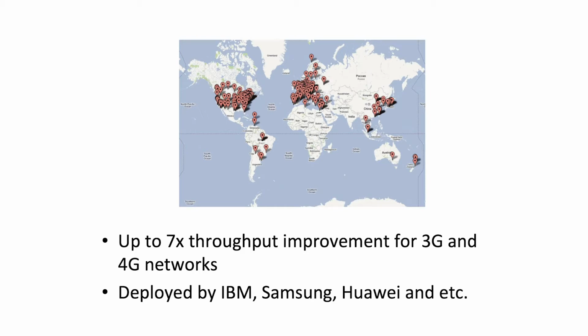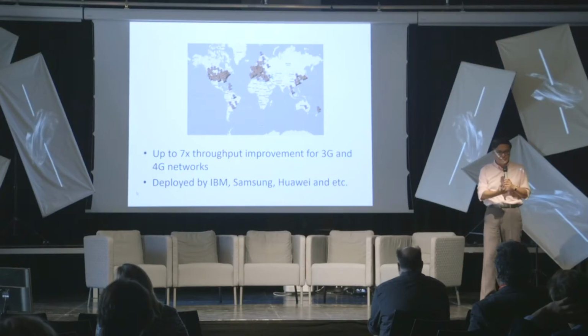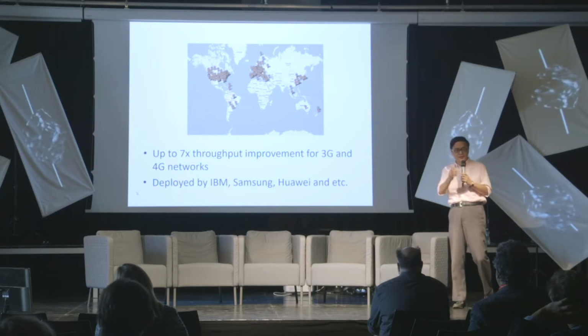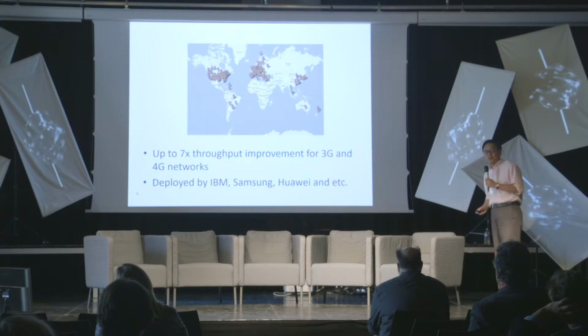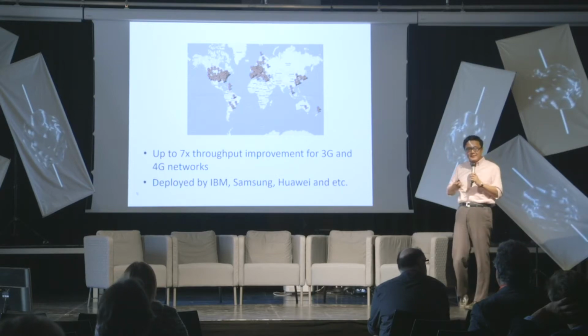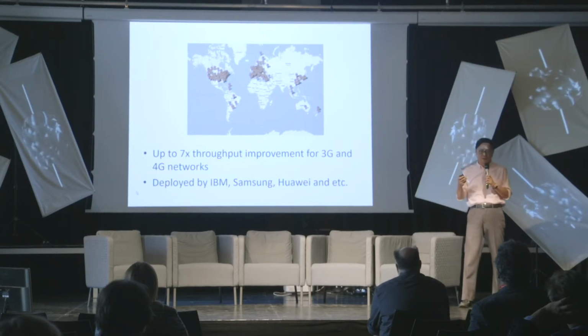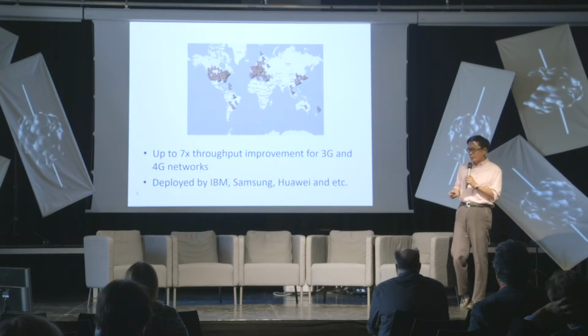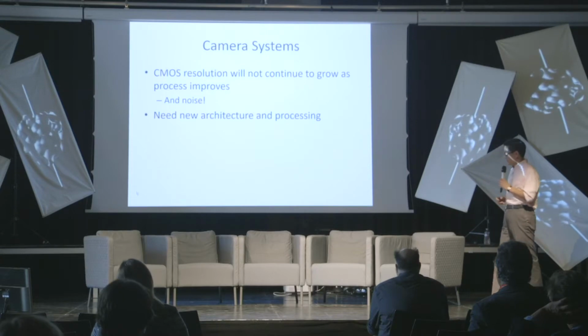The little flags are the locations where the test has been carried out, and it's currently deployed by IBM, Samsung, other companies. And if you use Twitter, for example, you're using RayShaper technology to transmit video, upload and download. So with 7 times the throughput, you could really fully utilize the bandwidth. You can do many things with the existing network infrastructure.